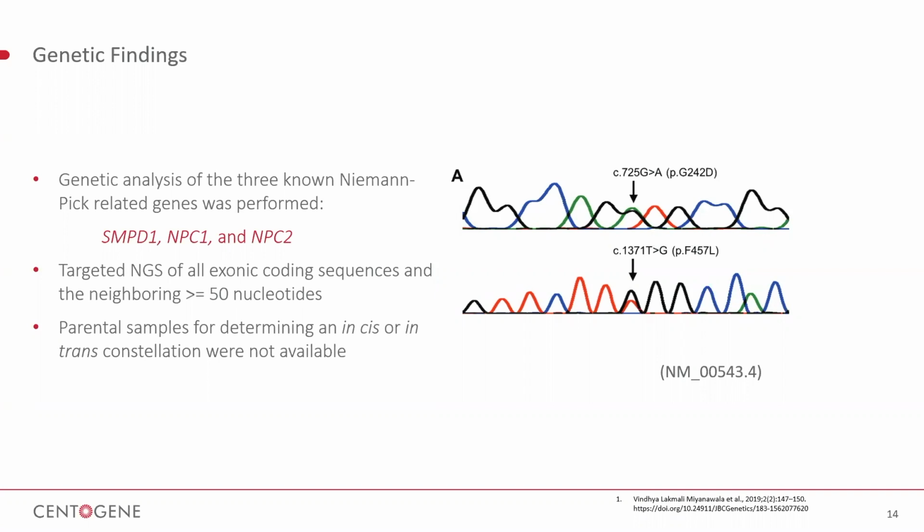On the right here, the diagram depicts that at position 725, we saw a G to A substitution, and then the following T to G substitution. Parental samples were not available in this case, so that did limit us in being able to determine at that time whether these were in cis or trans.